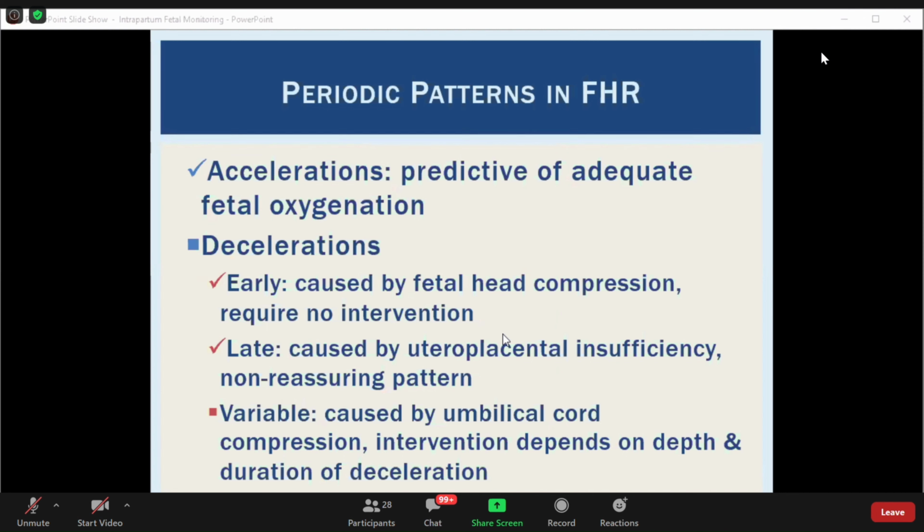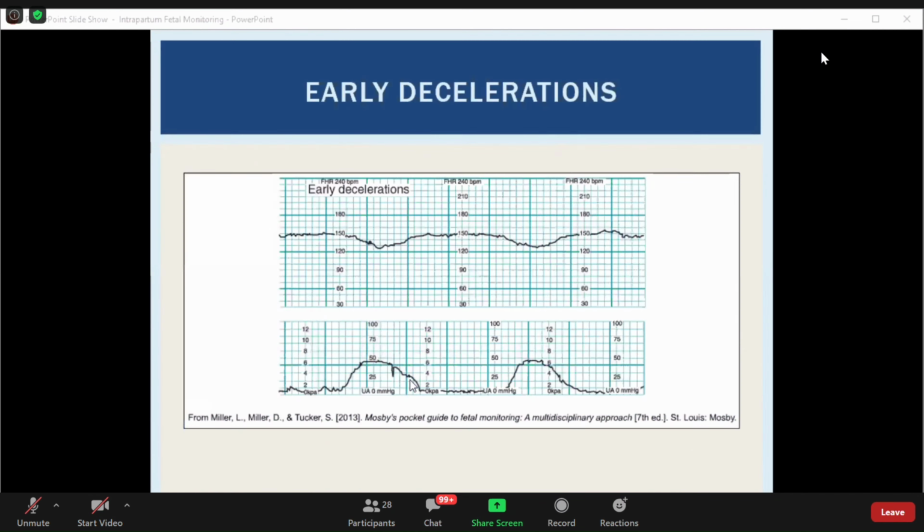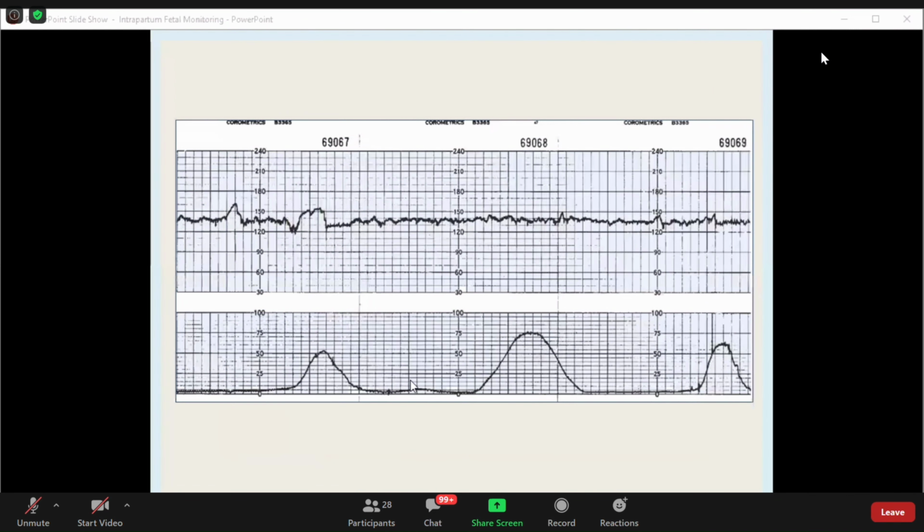But Professor, didn't we say variation is good on a fetal heart? I said variability is good, but here we're talking about variable, which is different from variability.